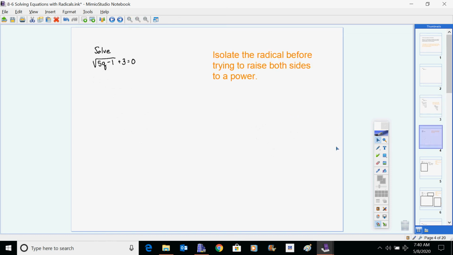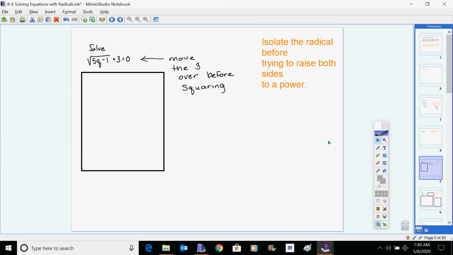Okay, we can use that strategy on other types of problems too. We could square both sides right from here, but that would give us something very complicated. So you want to try to isolate your radical first before you do the raising of a power. So you move the 3 over.